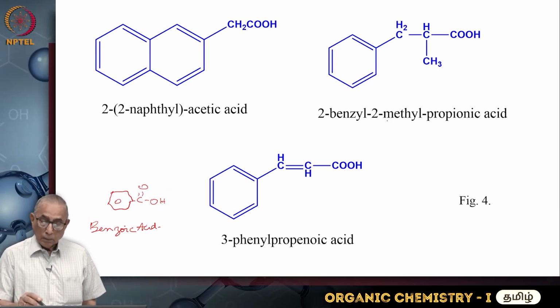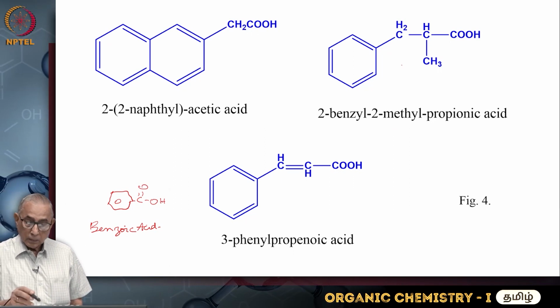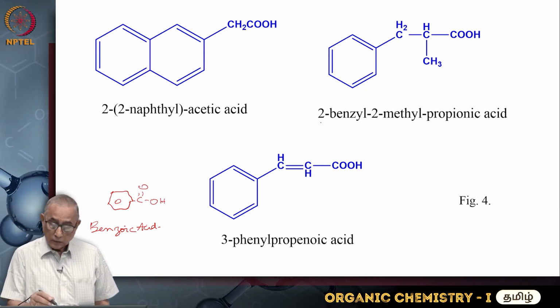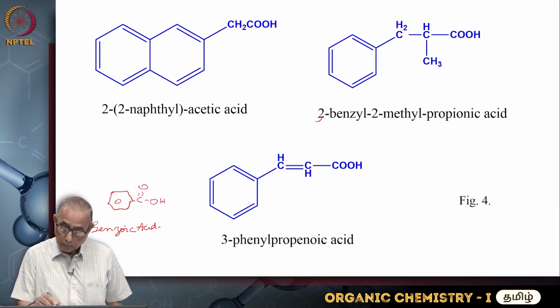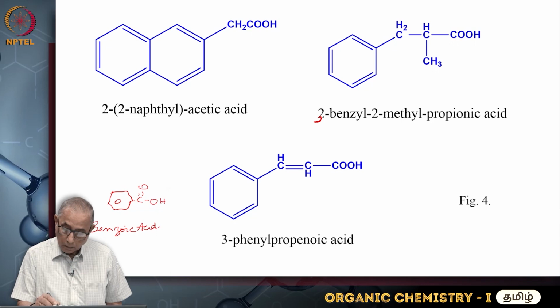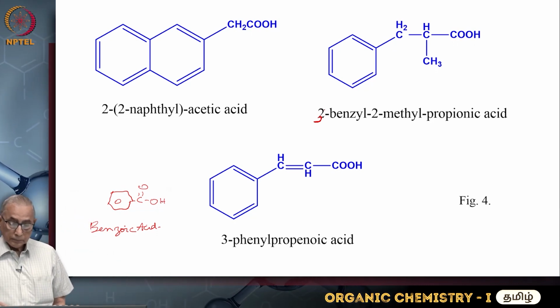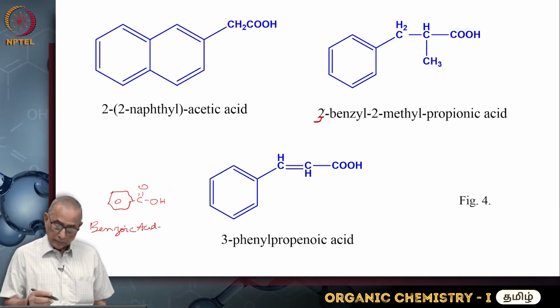This is 2-benzyl 2-methyl propionic acid. There are 3 carbons. At the 3rd carbon should be 3-benzyl. Benzyl 2-methyl propionic acid. That's correct.